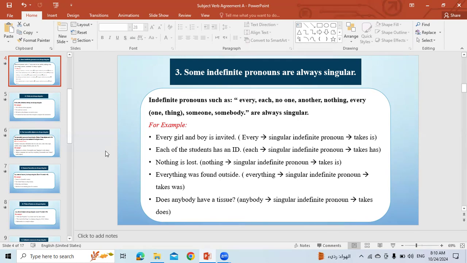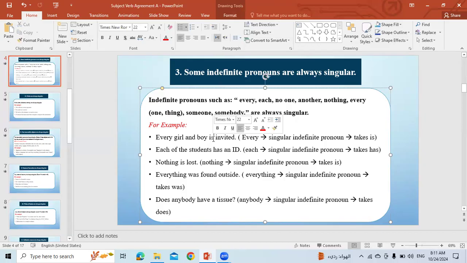So, first of all, what are the always singular? Any sentence, guys, that begins with every, each, none, nothing, someone, somebody, all is always singular. So you tell me every girl and boy is, not are. Each of the students has. I don't look at the students, because we are saying each one.